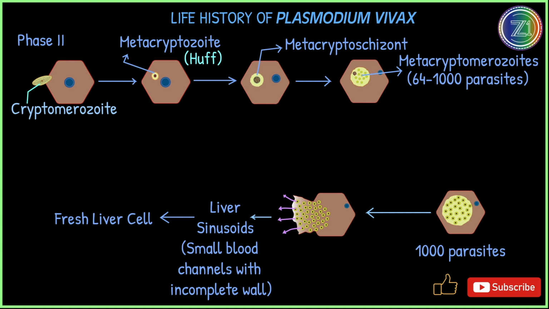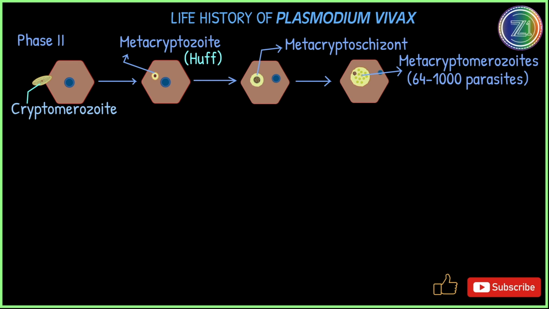How many are they in number? Previously, if you remember, we discussed the cryptomerozoites. They were around 1000 parasites. Here they vary from 64 to 1000 parasites. Now these metacryptomerozoites are of two types, right? What are those two types?